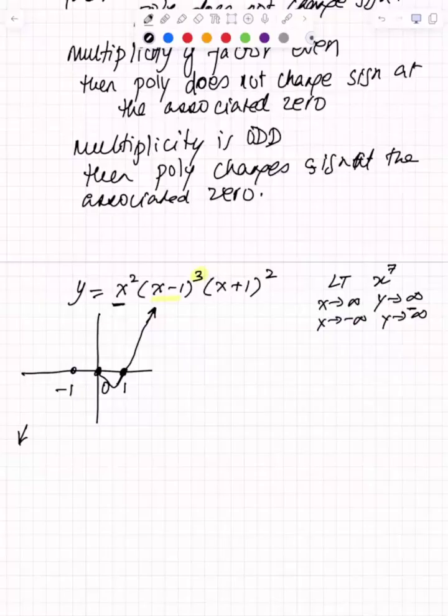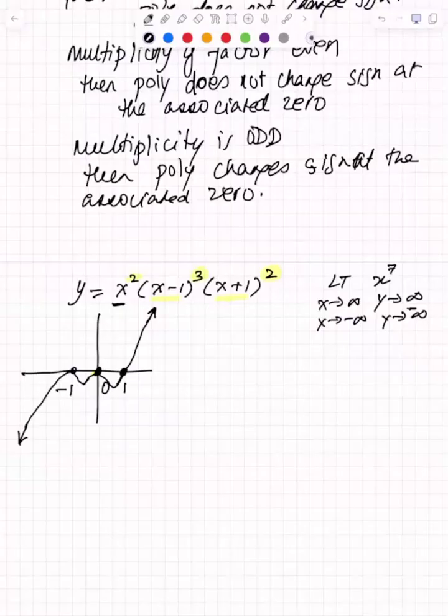The power of that is even, so we don't change sign, so the graph stays negative. When we come to negative 1, the factor associated with negative 1 was x plus 1 squared. Since the multiplicity is even, again, we don't change sign. So the graph was negative to the right. It has to stay negative to the left.